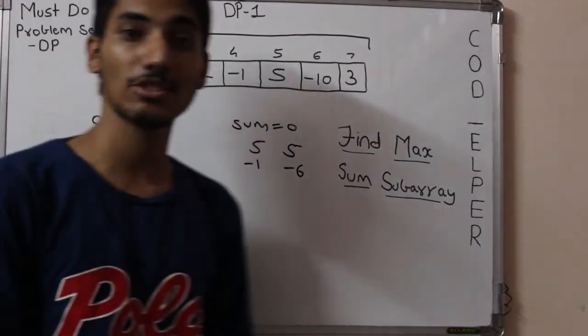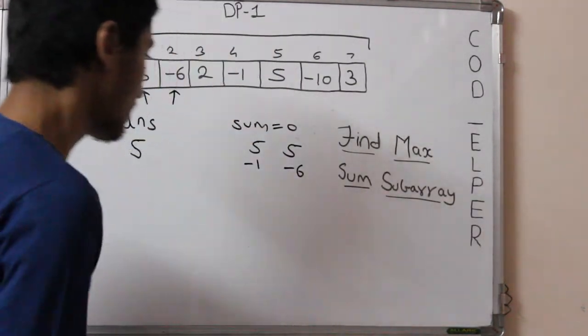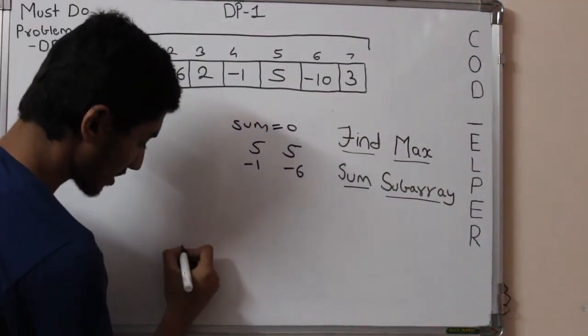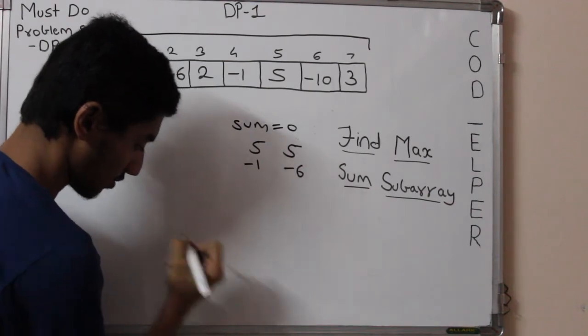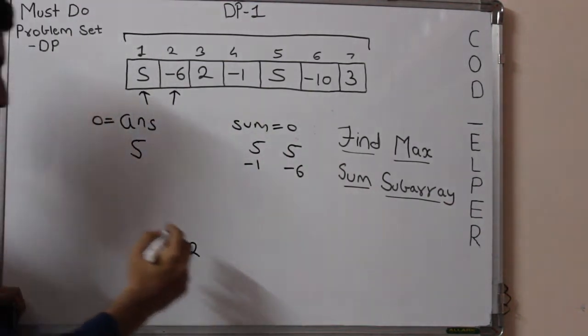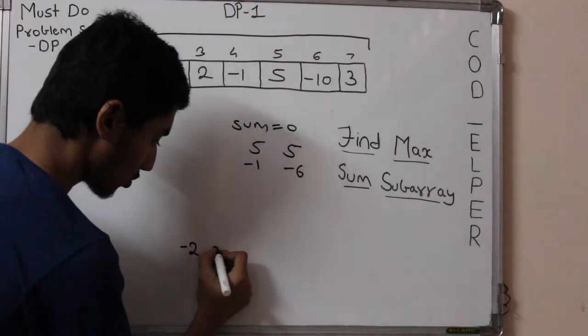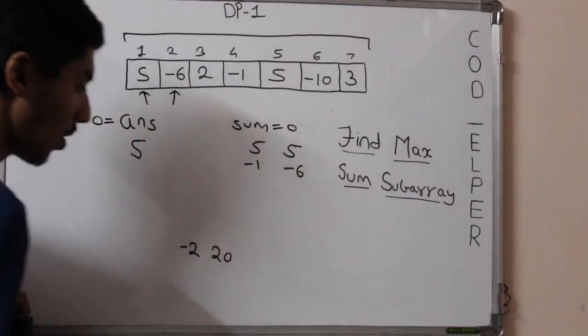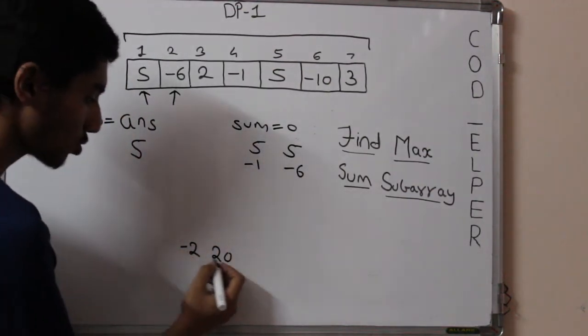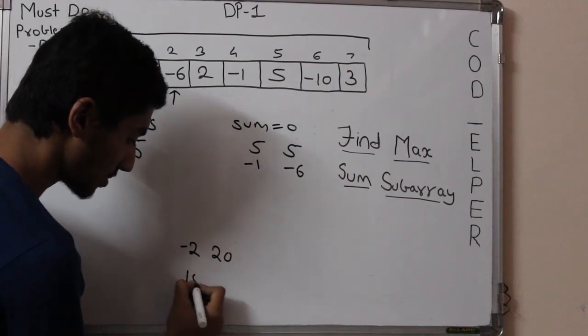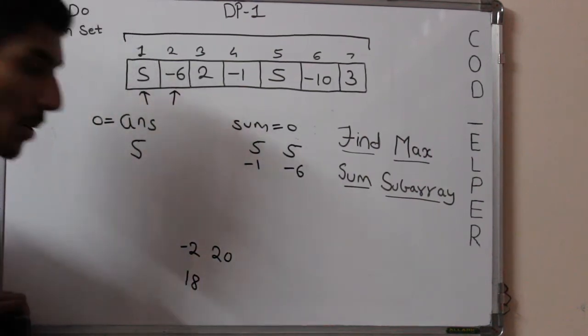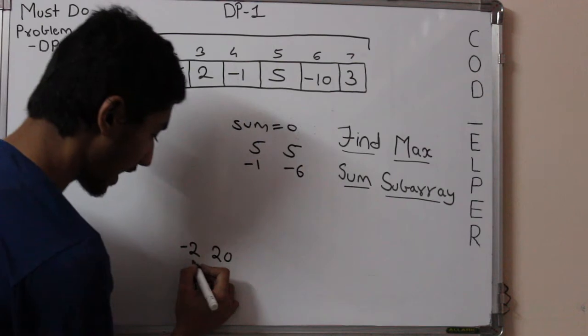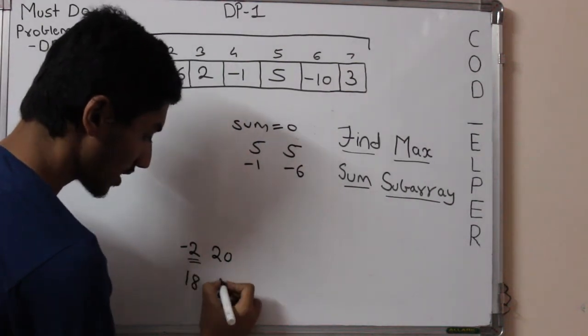Now here is the catch of the question. Suppose our sum is equal to minus 2 and the next element is 20. On adding minus 2 to 20, our sum becomes 18. But if we did not add minus 2, our sum would remain 20.